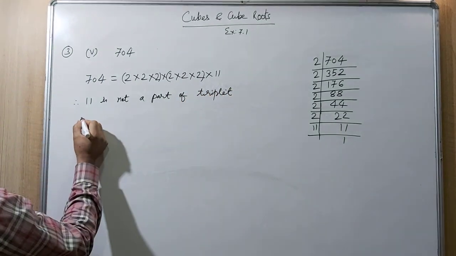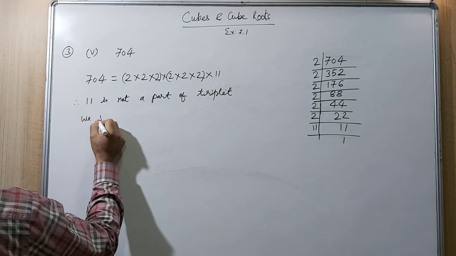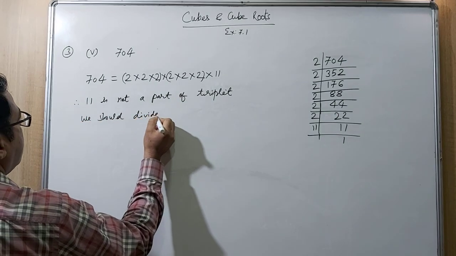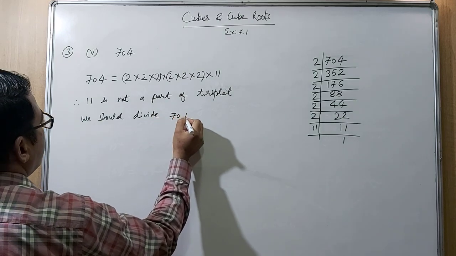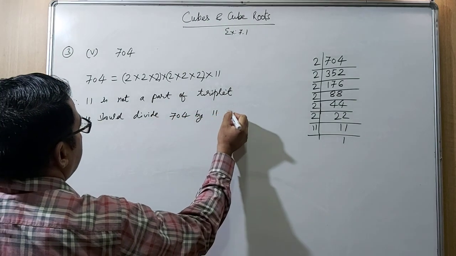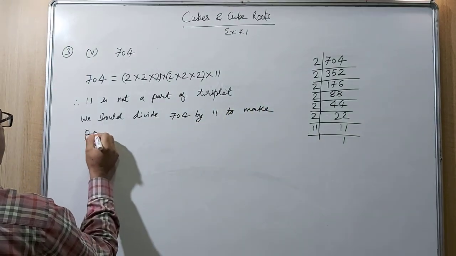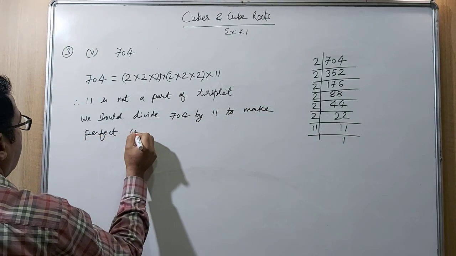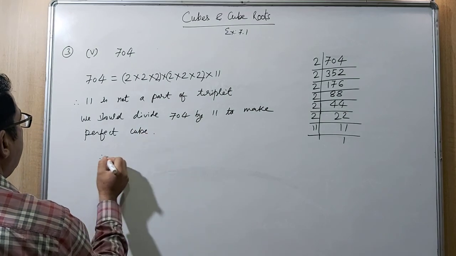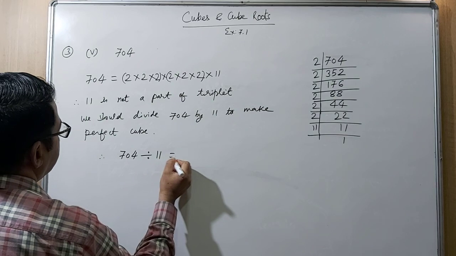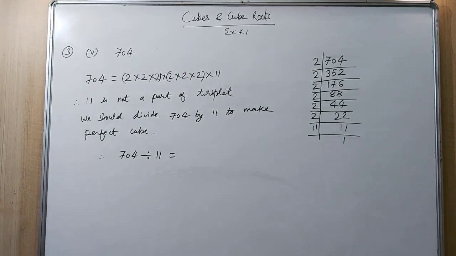It means we should divide 704 by 11 to make it a perfect cube. Therefore, here we can divide this 704 by 11.